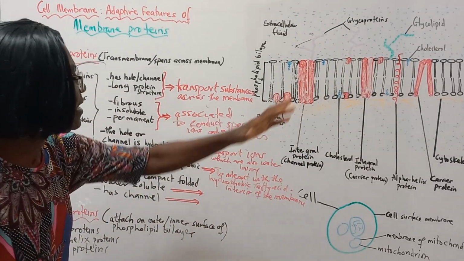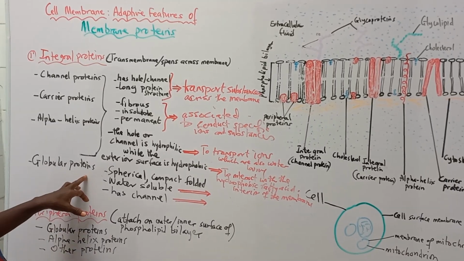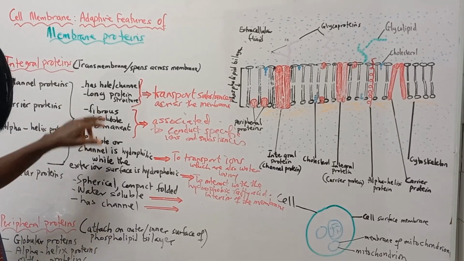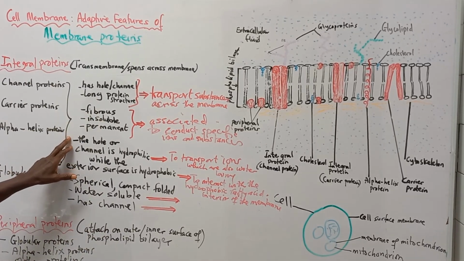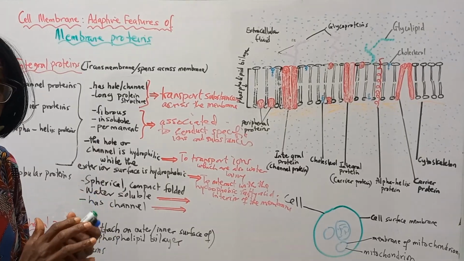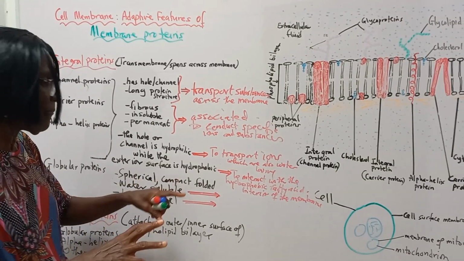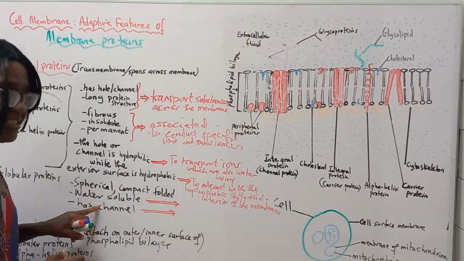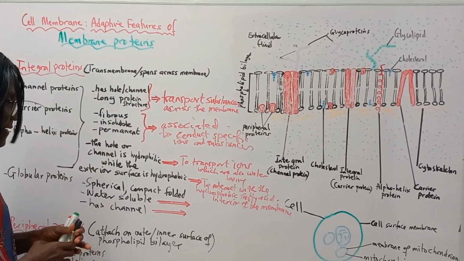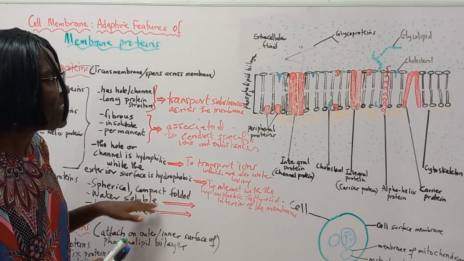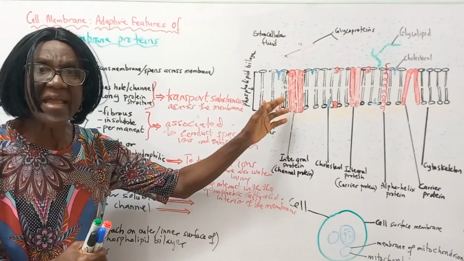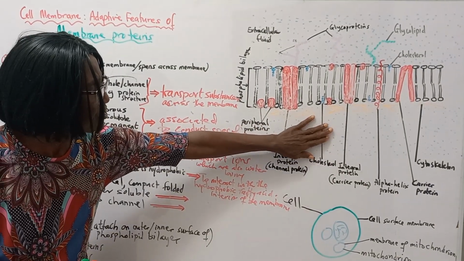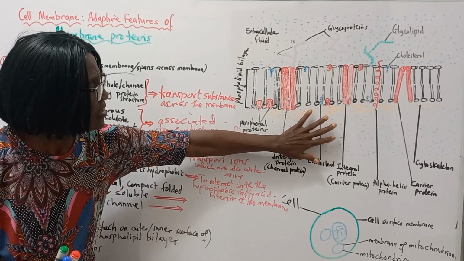But then we also have globular proteins. These globular proteins are not fibrous like these three. They are water soluble, spherical, compactly folded. They can also have channels to transport substances. But because they are water soluble, they can easily be dissolved based on the state of the cell, the pH, the ionic composition of the cell.